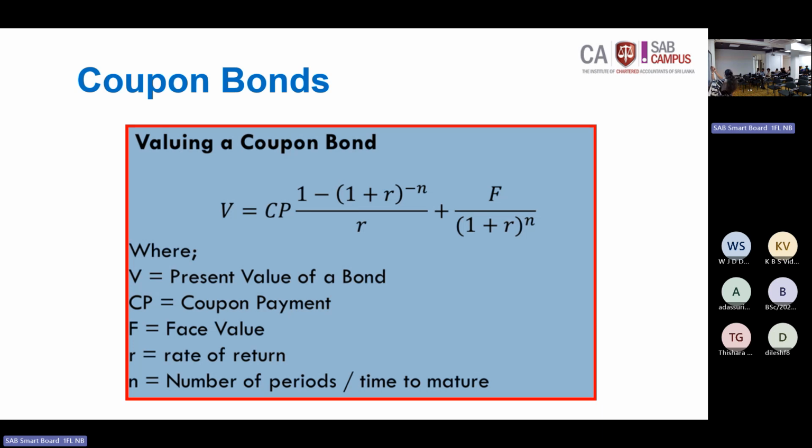So this part is identified as CP multiplied by 1 minus (1 plus r) to the power minus n, divided by r. What is that? What is this?